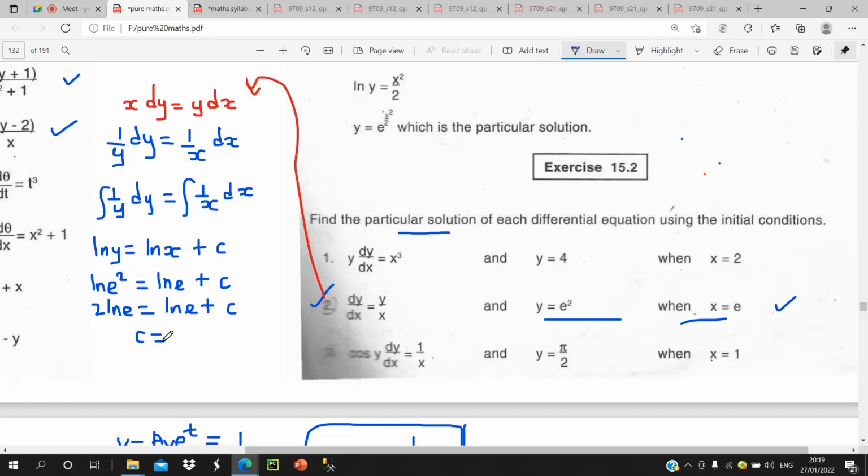Then after getting the value of c, we substitute it here so that we find a particular solution. So our particular solution will be ln y is equal to ln x plus 1, right? Yes.